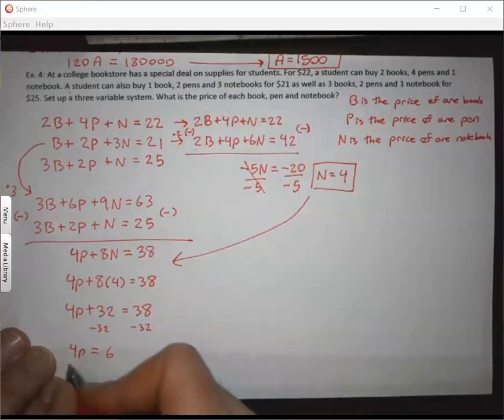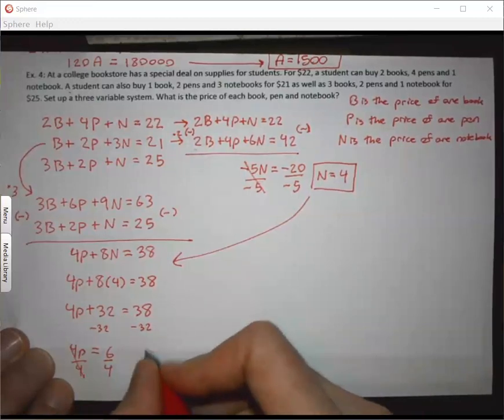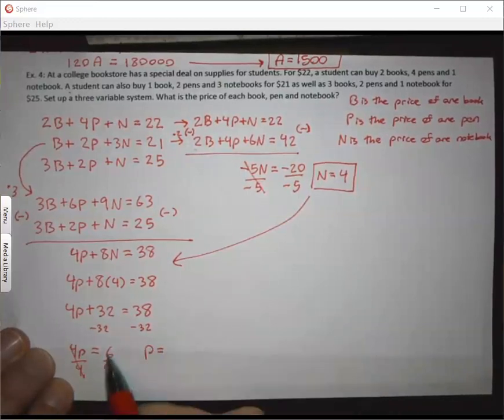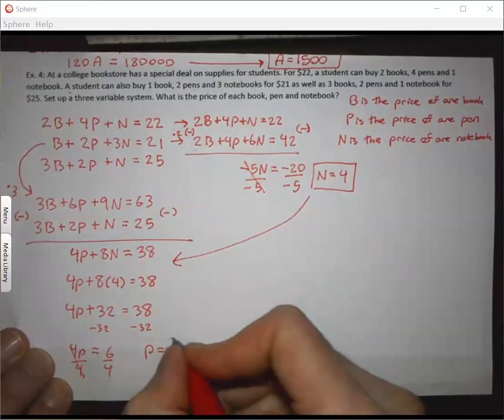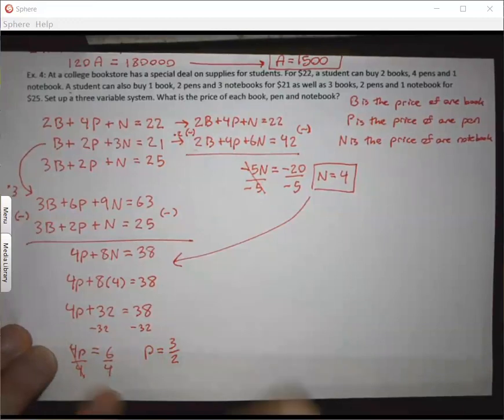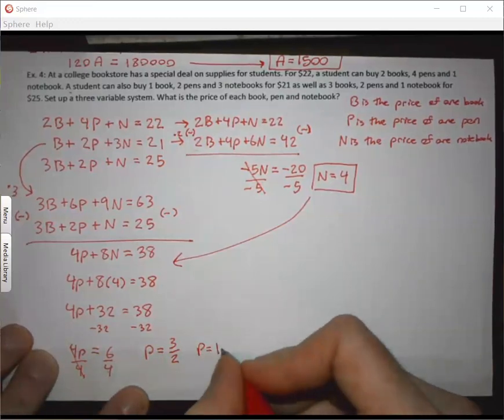Divide both sides by 4. P is equal to 6/4. We can reduce that to 3/2. Or we can say P is 1.5.